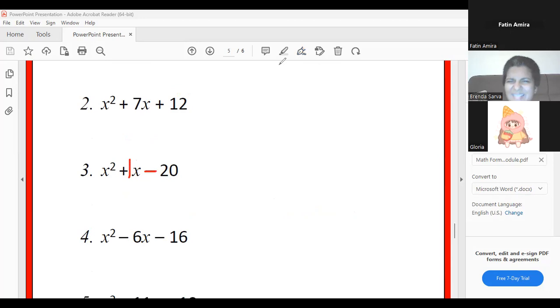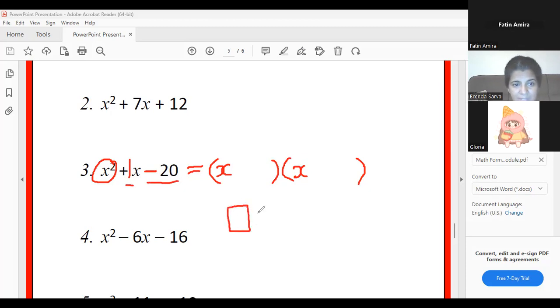Now you play with the negative. This is where it can get a little tricky. So again, put in your 2 brackets. Since you have x squared in the beginning, this must be x, and the other term must also be x. Then only you're going to get x squared. So now you're going to look at 20 and you're going to look at 1.